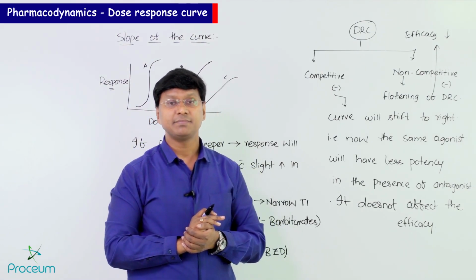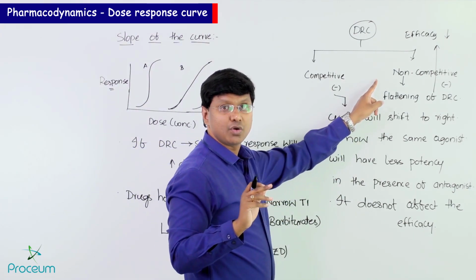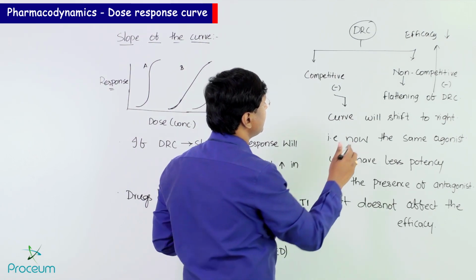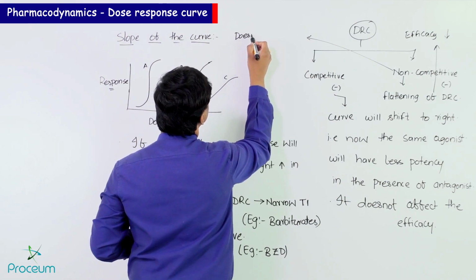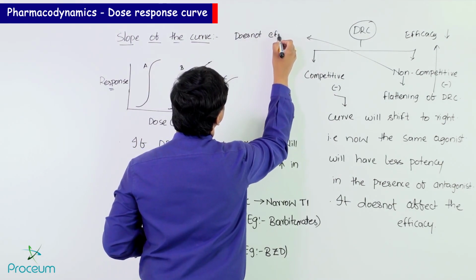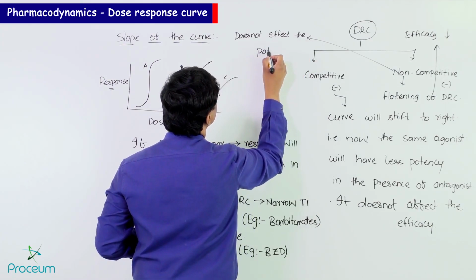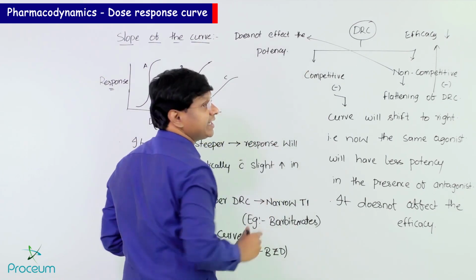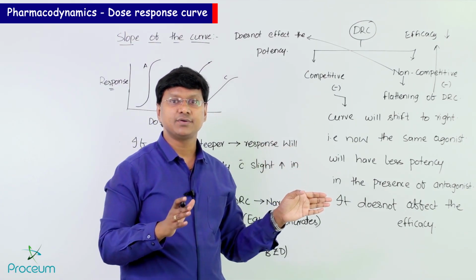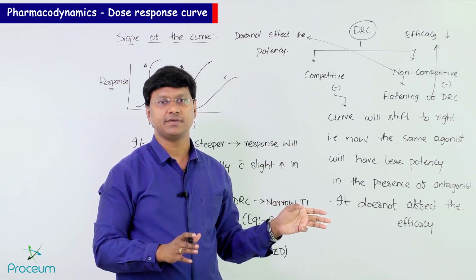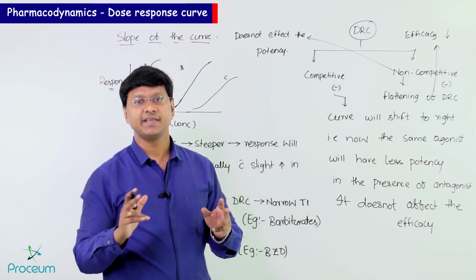Alright, and remember, it usually does not affect the potency. This non-competitive inhibitor does not affect the potency. Now, if the antagonist is irreversible competitive, then there will be decrease in potency as well as efficacy.